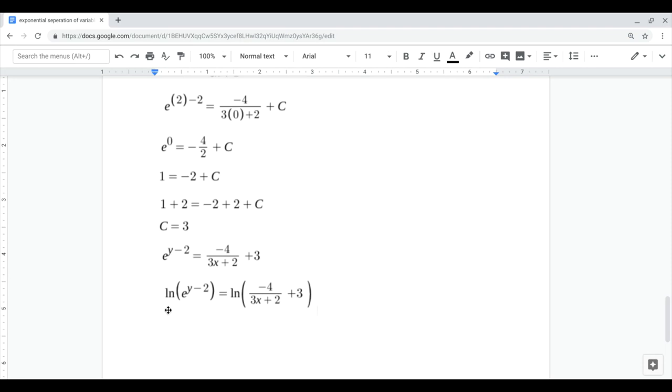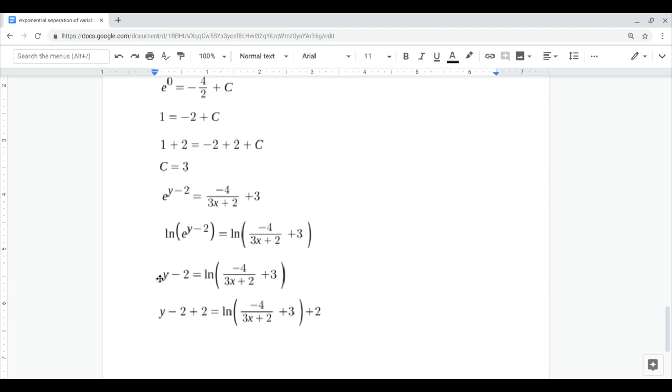And when you have the natural log of e, that becomes 1. So it should become y - 2 is equal to the natural log of negative 4 divided by (3x + 2) plus 3.